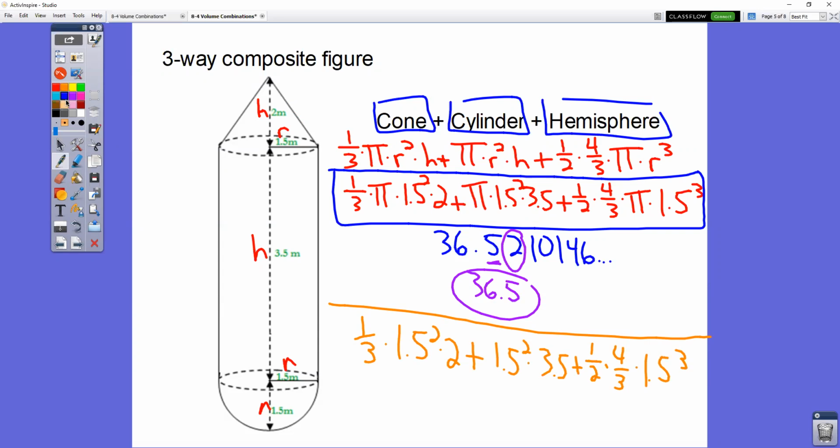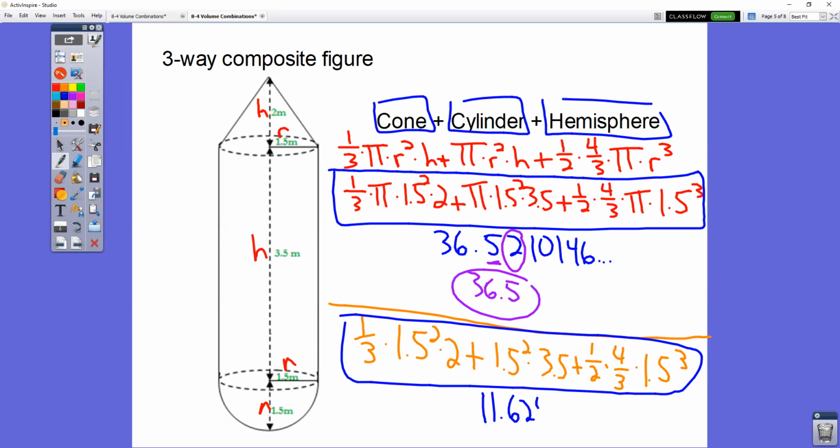You're going to type in all of that right into the calculator. When you do that, you get 11.625. And since we're leaving it in terms of pi, you have to stick the pi symbol at the end.